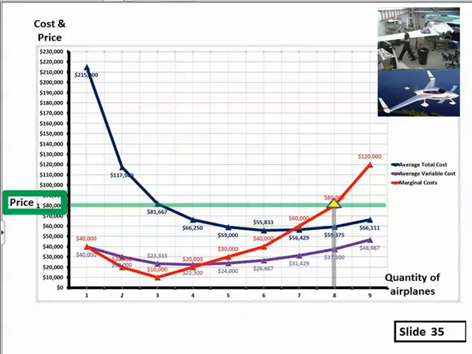If we go back to our pie example, let's say that we were producing 50 pies and selling them for $10 a piece. If we produce 51 pies, the additional revenue we get from that 51st pie is going to be $10 more. We'd have a total revenue of $510.